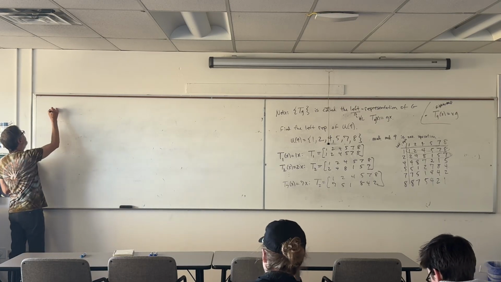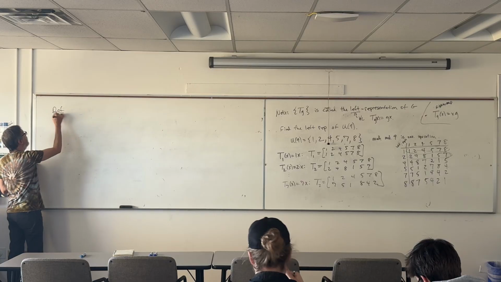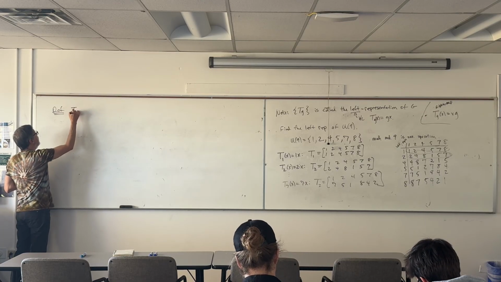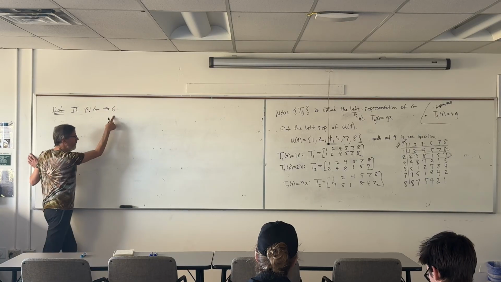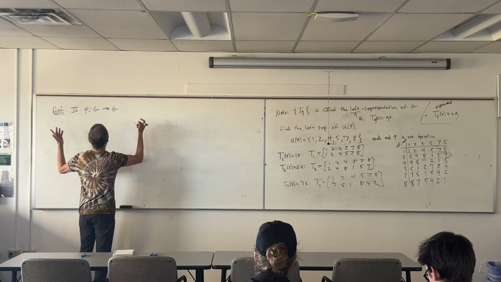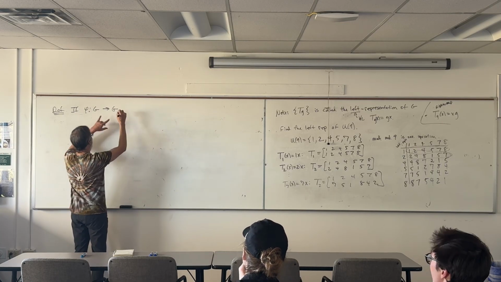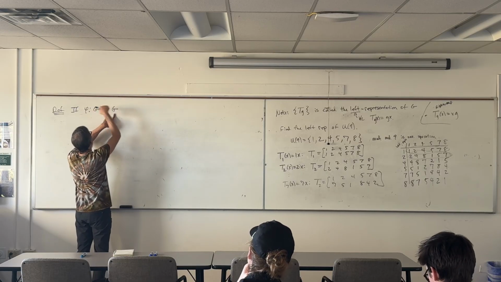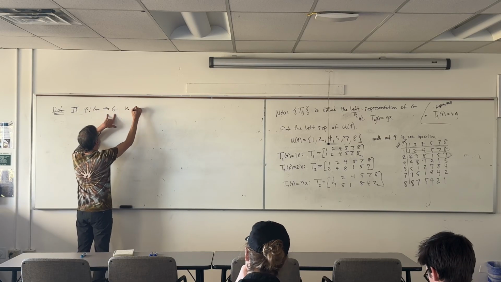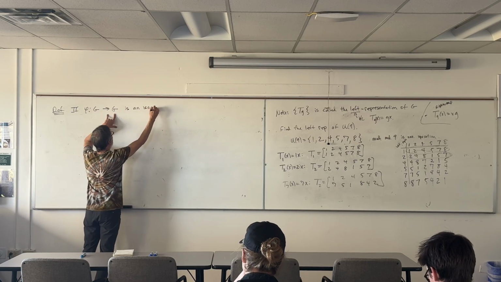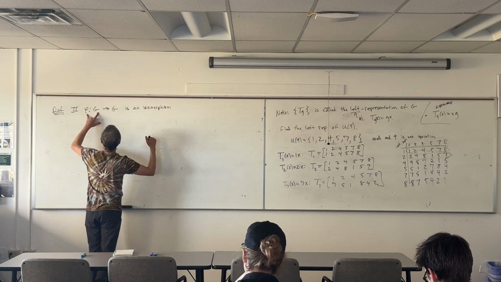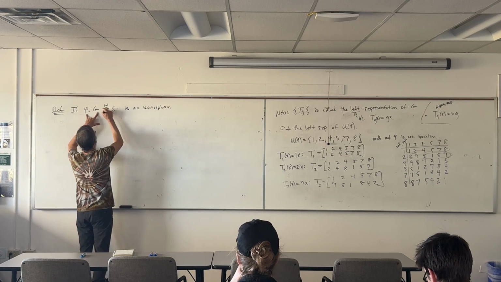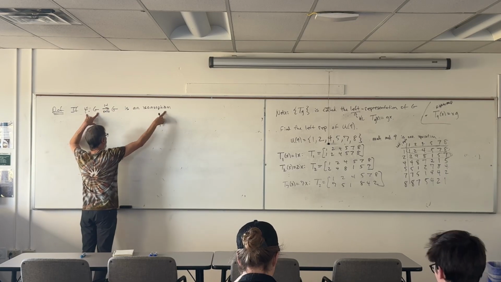So, definition. If phi from G to G, G's a group always, right? Like duh, G is a group, is an isomorphism. So notice, it's an isomorphism, it's one-to-one and onto by nature.